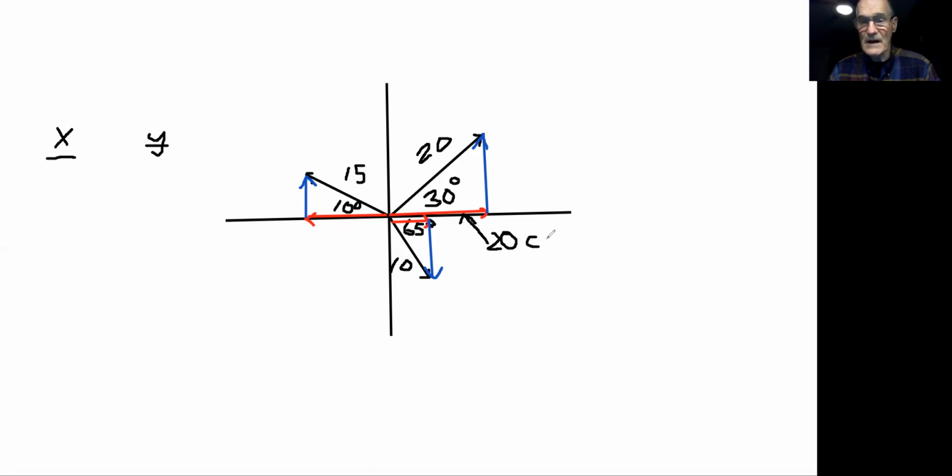So the cosine of 30. And then the Y component or the vertical component is going to be the magnitude of the vector times the sine of the angle.